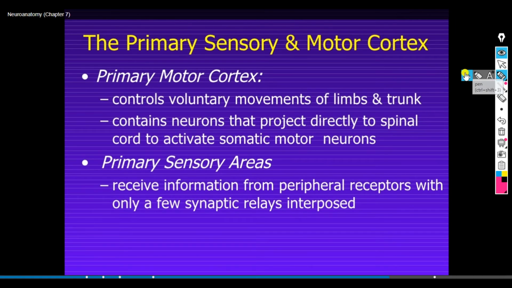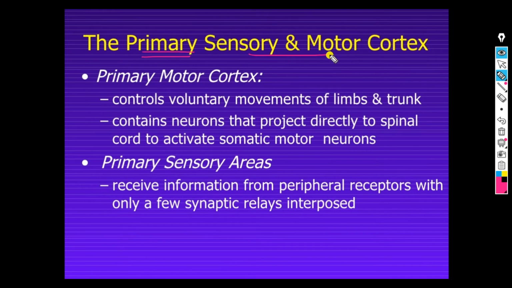The primary motor cortex controls voluntary movements of limbs and trunk, and contains neurons that project directly to the spinal cord to activate somatic motor neurons. Primary sensory areas receive information from peripheral receptors with only a few synaptic relays interposed.